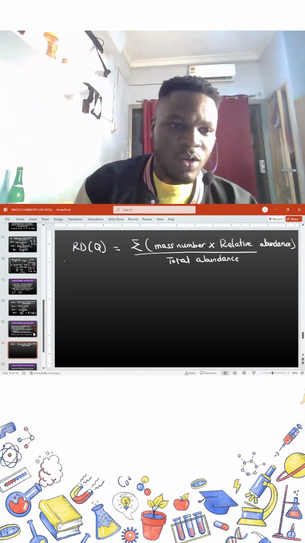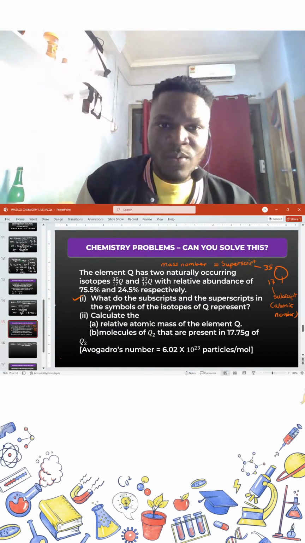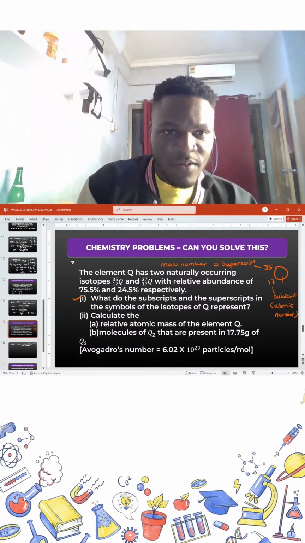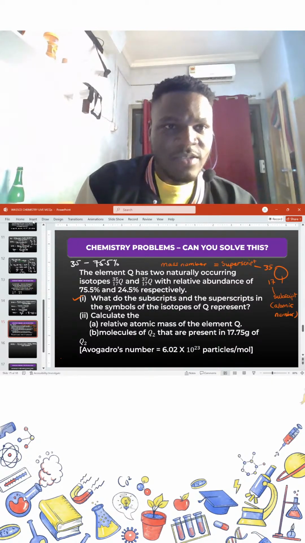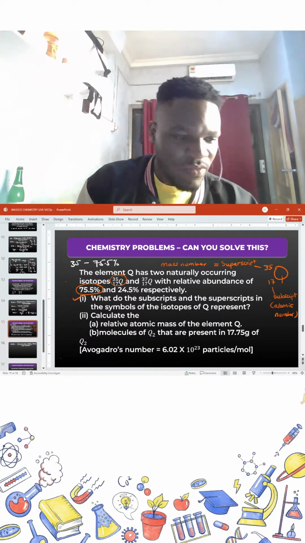Now if you look back at the question, we realize that for isotope 35, the percentage abundance is 75.5%. That is the first one over here. So let me use the colors. For this isotope, this is the percentage abundance, 75.5%.